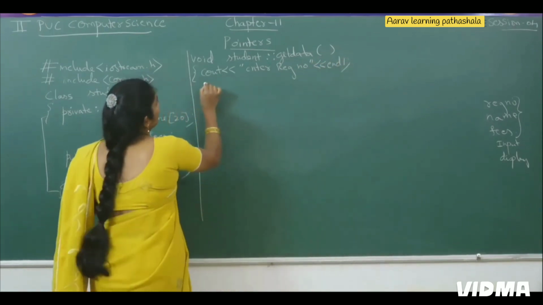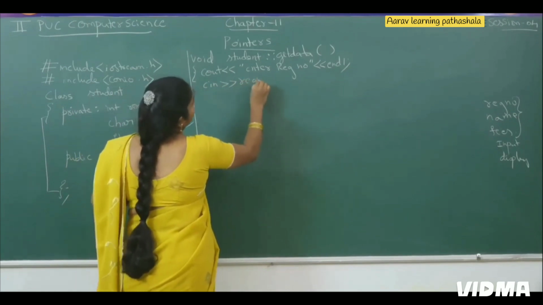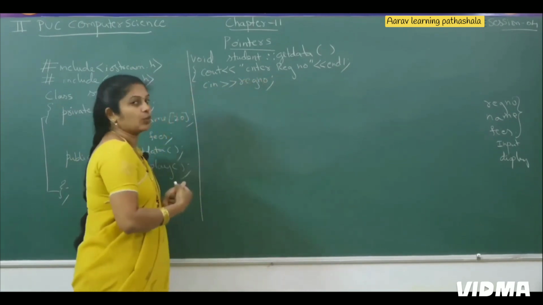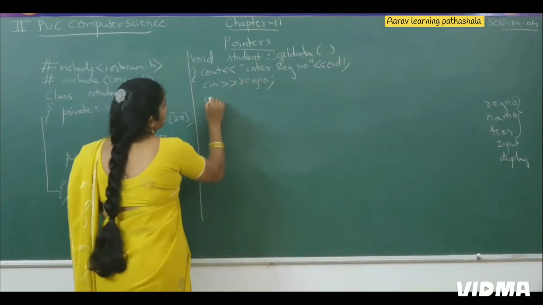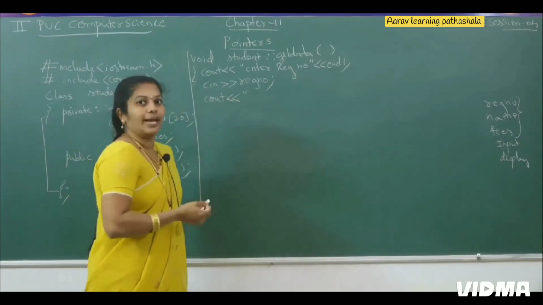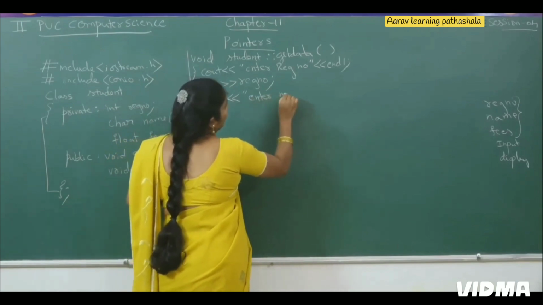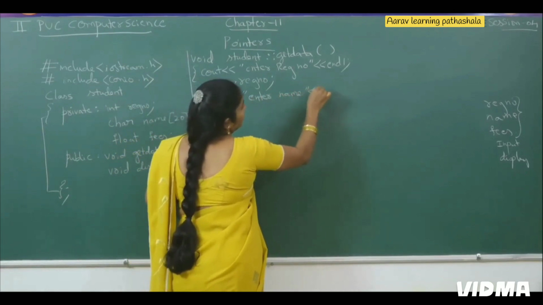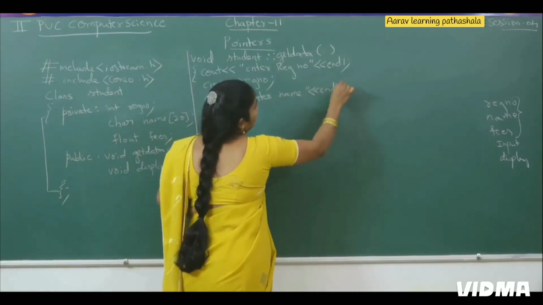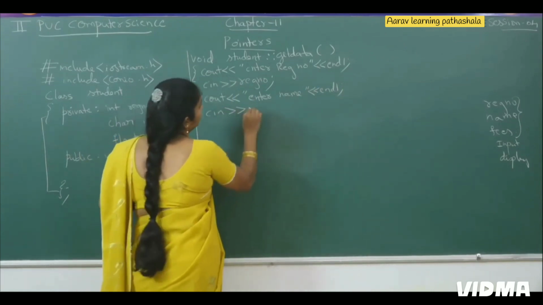Input that value: cin, extraction operator, register number. Next one we have to input is the name. That is cout, insertion operator, inside the double quotes, enter name. To move the cursor to the next line, endl function. Now the same, cin, extraction operator, name.